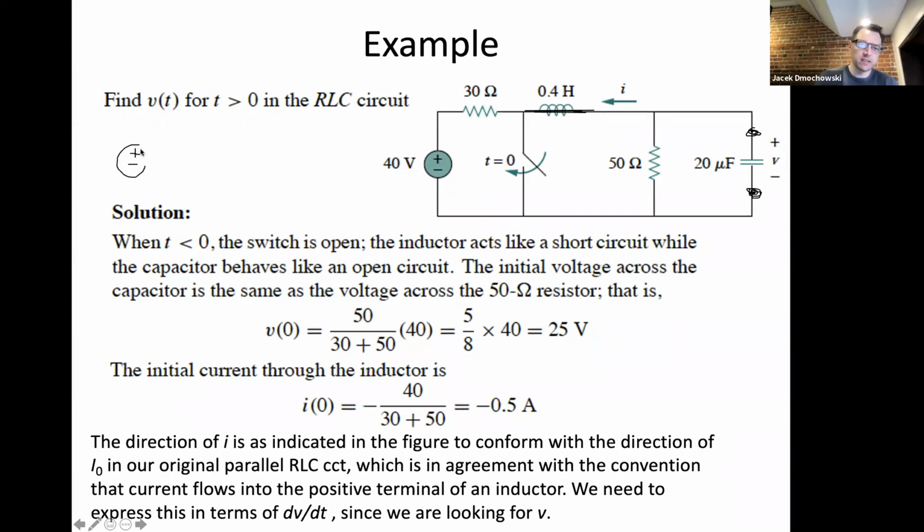So what we essentially have is a battery, the 30 ohm resistor, and this is 50. And this is our open circuited capacitor. And our V is defined this way.